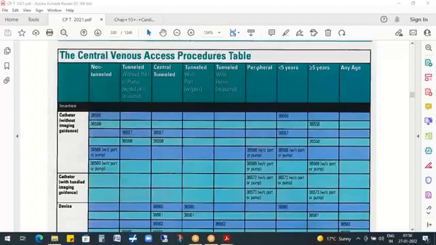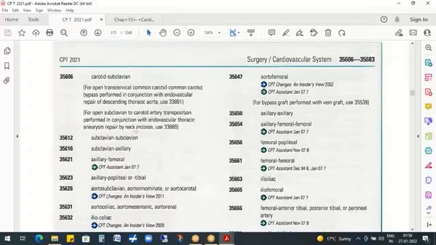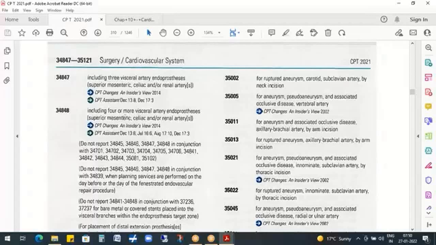CABG means coronary artery bypass grafting. Codes are based on the first point, number of arteries used.